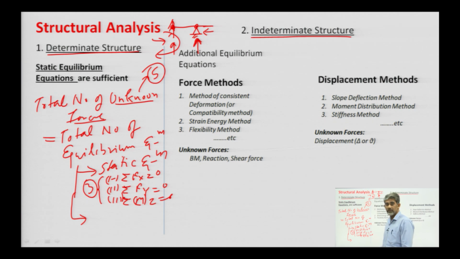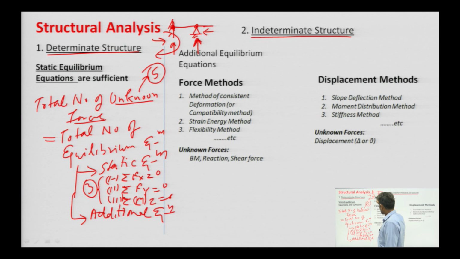we have certain additional equations in the structure due to the presence of internal hinges. Say if this is the structure, then the number of available equilibrium equations is only 3.